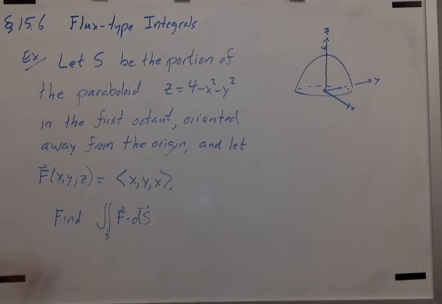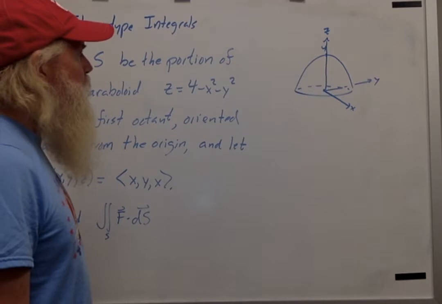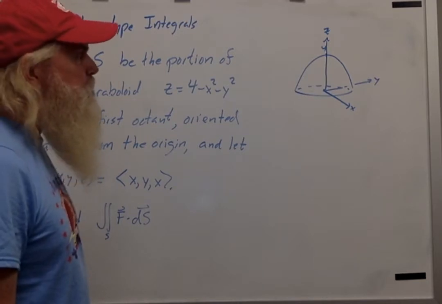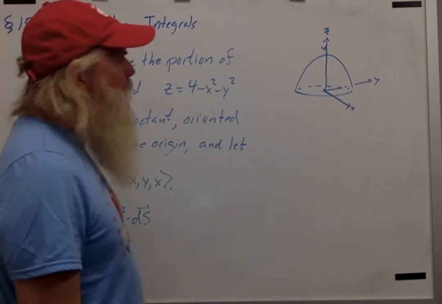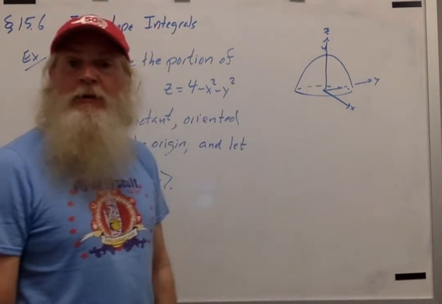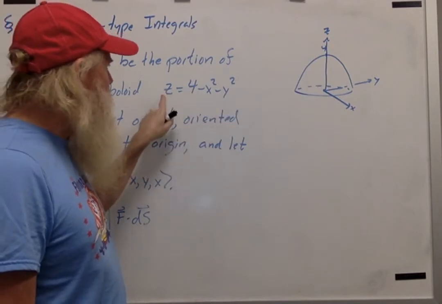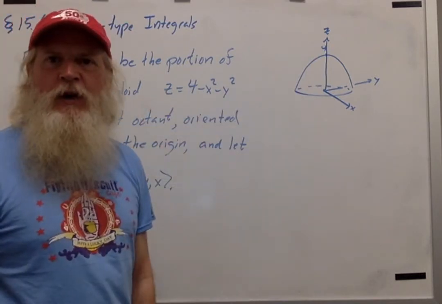Now, before I restrict to being in the first octant, let's think a little bit of strategy about parametrization, and let's also talk about the orientation. So when we parameterize, since z is a function of x and y, one option would be to use rectangular coordinates, so let x equal x, y equals y, and z equals 4 minus x squared minus y squared.